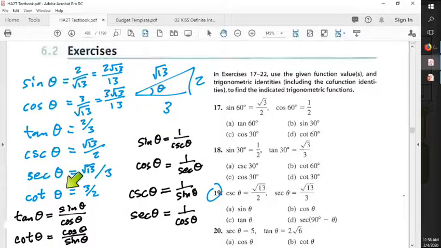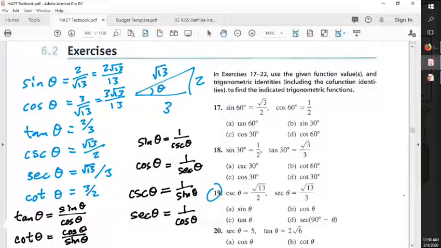I wrote extra. We only had to find sine, tangent, and cosine, and this one. What is the cofunction of secant supposed to be equal to?